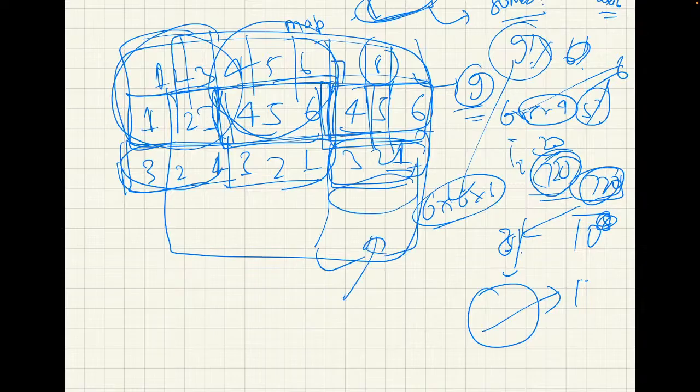If I analyze the next cell, I can say that for this cell, the worst case can go up to 6 again.